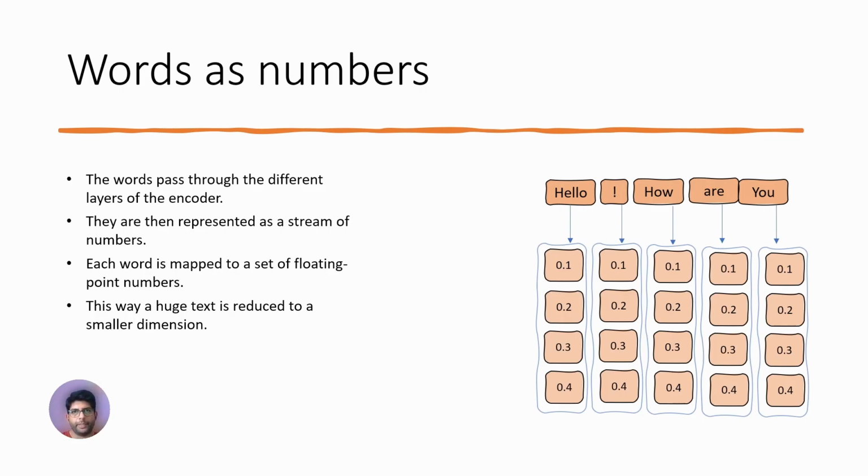While this conversion is done, the numerical representation of each word in an input text is mapped to the numerical representation of the other words surrounding it. Why this is necessary, we'll get to know in the next slide.